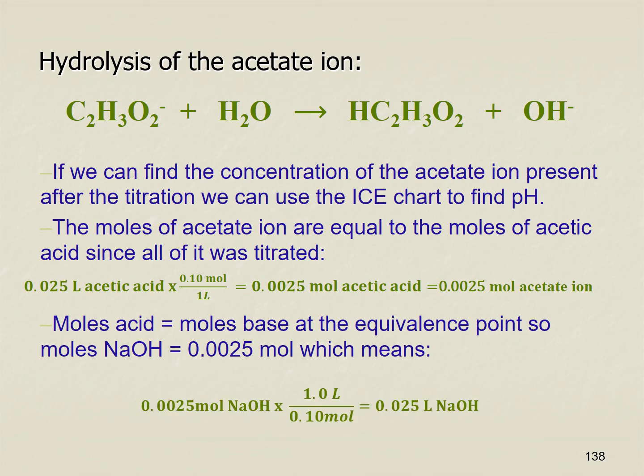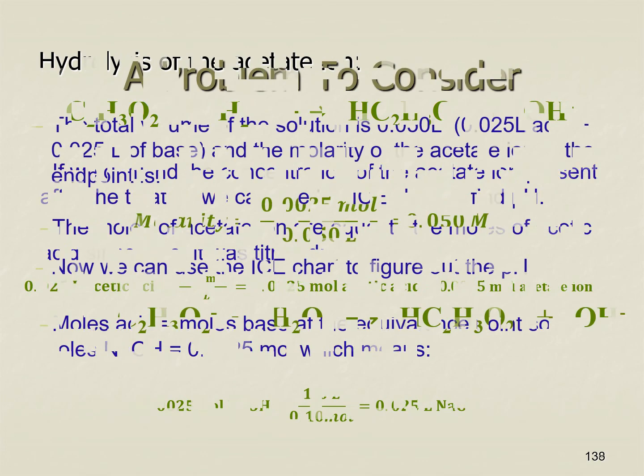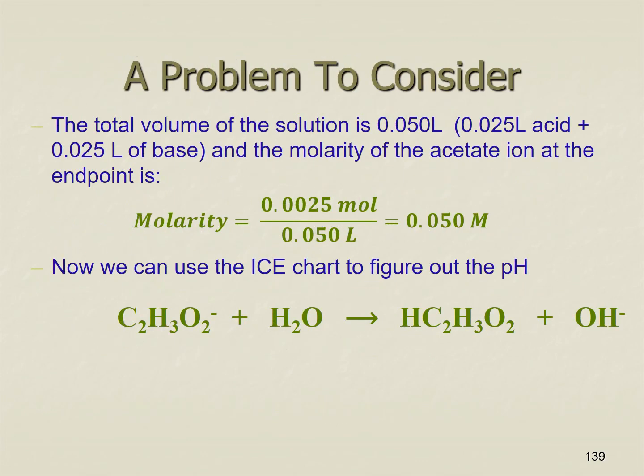So that means that, because the NaOH was 0.1 molar, we had to have added 0.025 liters of NaOH. And that's important because remember that it dilutes down. We started with 25 milliliters of acetic acid. To get to the endpoint, we've added 25 milliliters of NaOH. So now our total volume is 50 milliliters, or 0.05 liters. The 25 milliliters of the acid plus the 25 milliliters of the base.